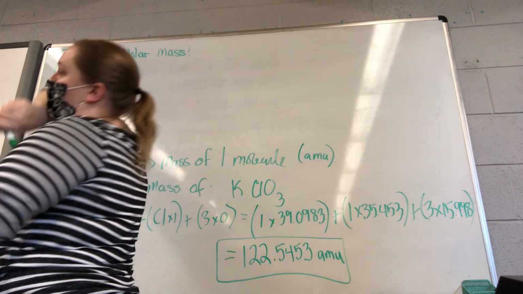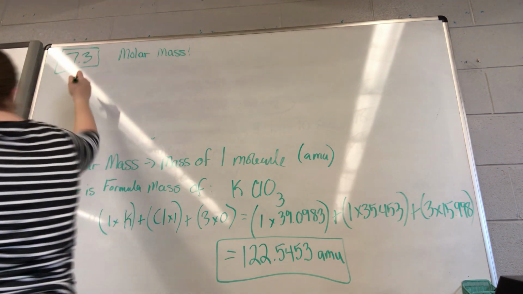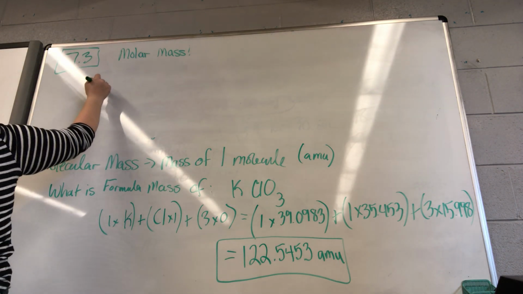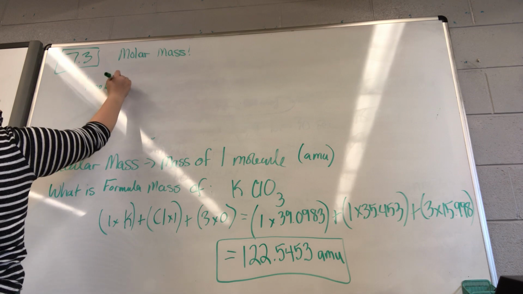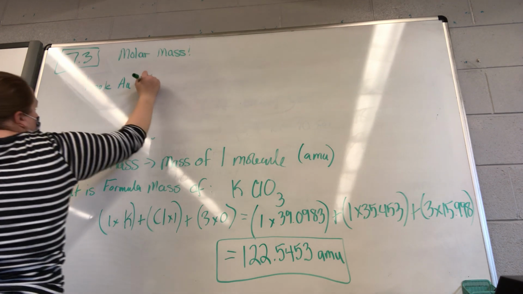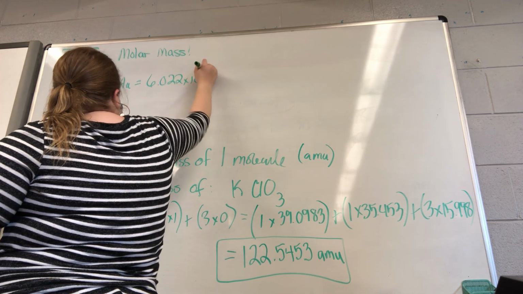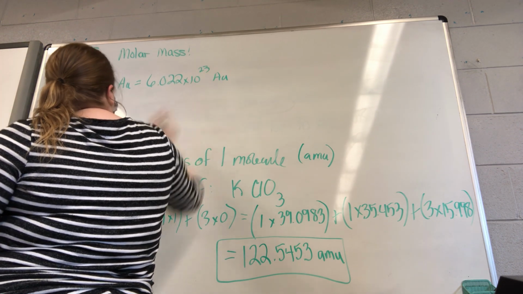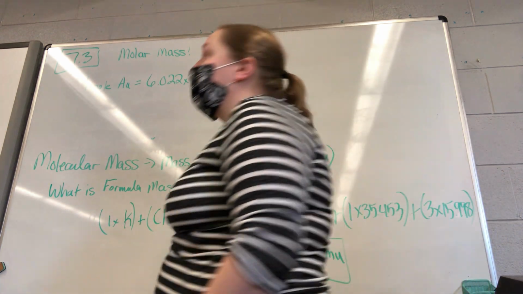Let's talk about the molar mass of something. In the past, we talked about a mole of, say, gold atoms would be a certain number of gold atoms. Okay, so I'm going to draw pictures here to illustrate a concept.